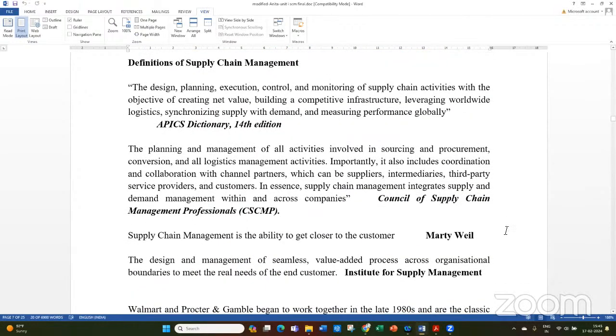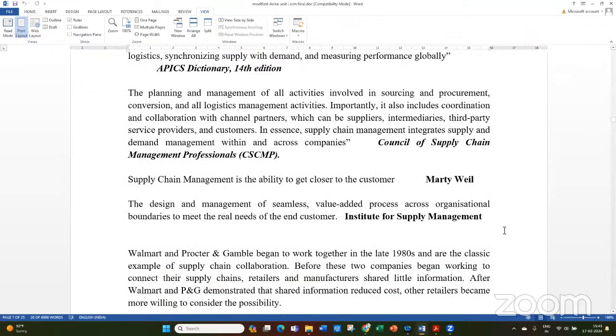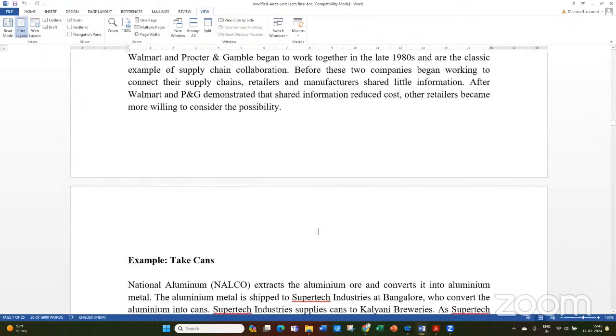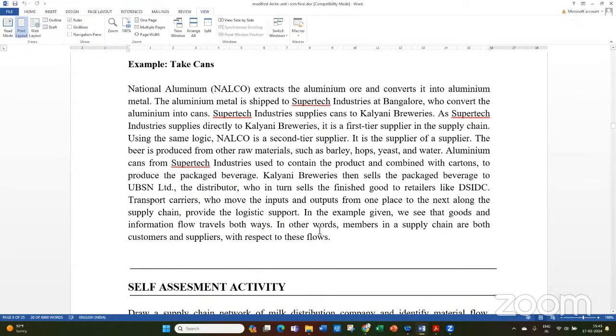So there are different definitions of these, and whatever we discussed today is the same. For example, take a small case: National Aluminium Company, NALCO. It extracts aluminum ore and converts it to aluminum metal.